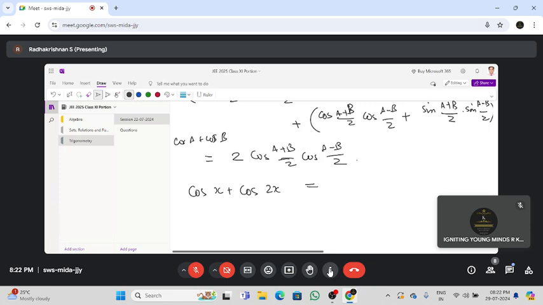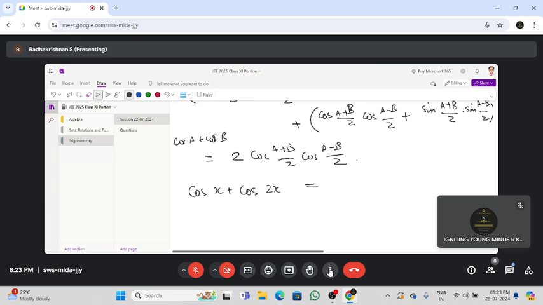This is actually a standard formula. I derived it, but you can remember it. If you cannot remember, you can write it down and verify or derive it. But normally you should remember cos A plus cos B equals 2 cos A plus B by 2 cos A minus B by 2. That is the formula we should use here.